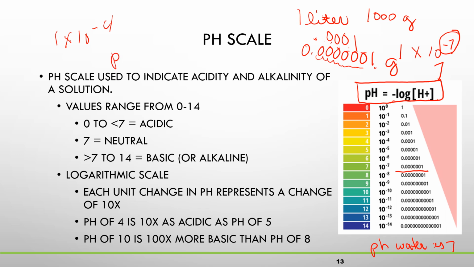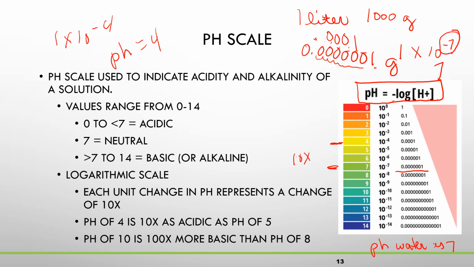So that means the pH equals 4. Because it's a negative log scale, the smaller the number, the more acidic. So a pH of 4 is more acidic than a pH of 7. And each number represents a 10 times change.